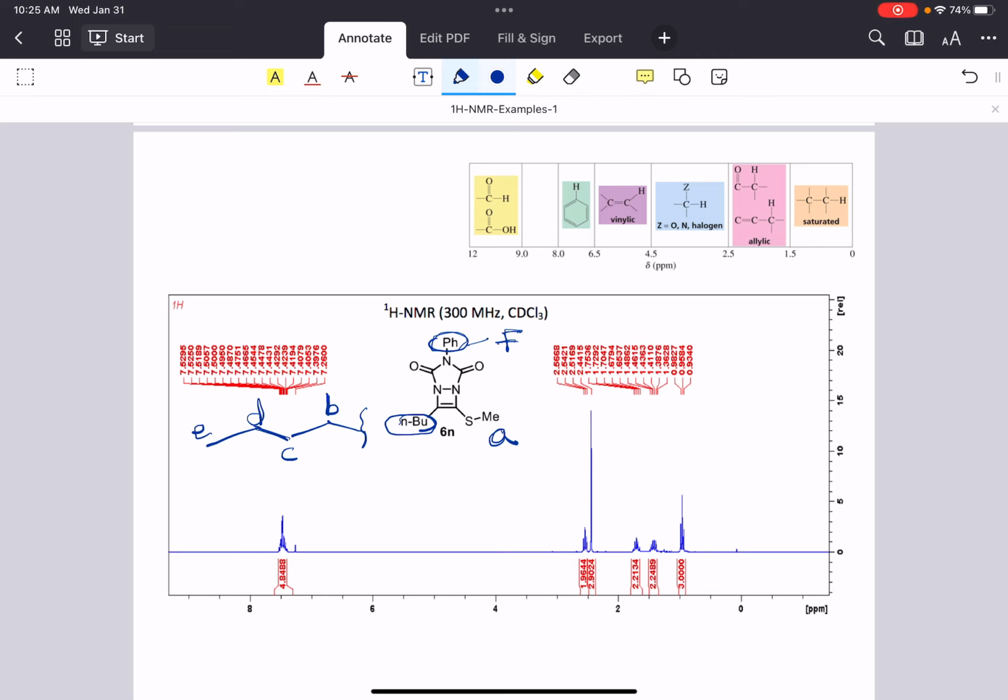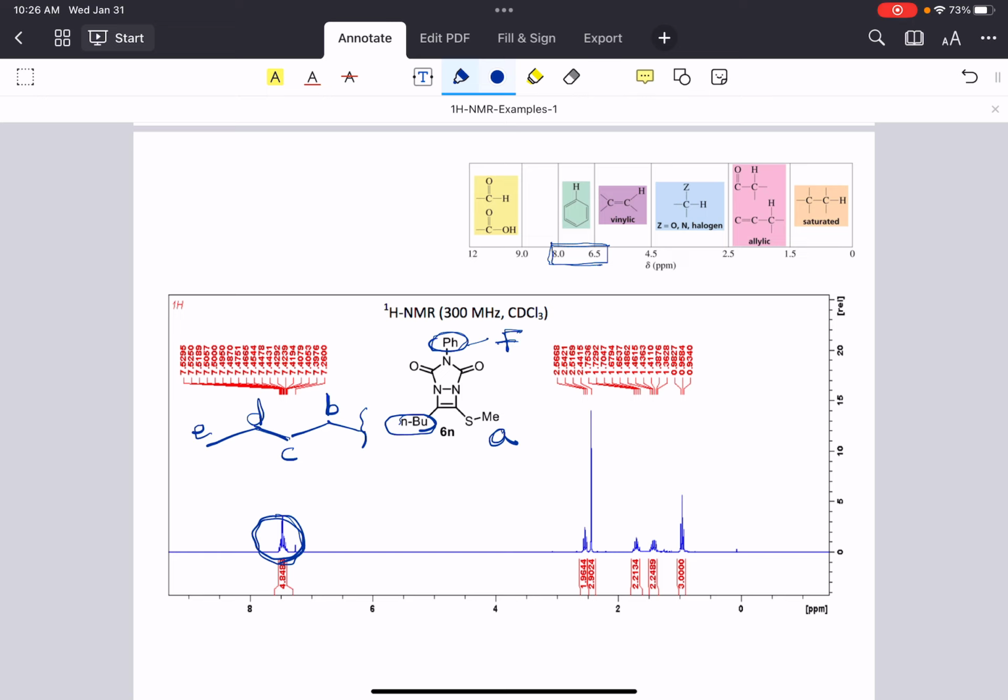As far as nailing down signals, probably the easiest one to nail down first is signal F that corresponds to the 5 hydrogens on that benzene ring. Again, we're going to expect that to be in that range of 6.5 to 8. I see this multiplet of peaks right around, I guess, 7.8 or so, 7.5.